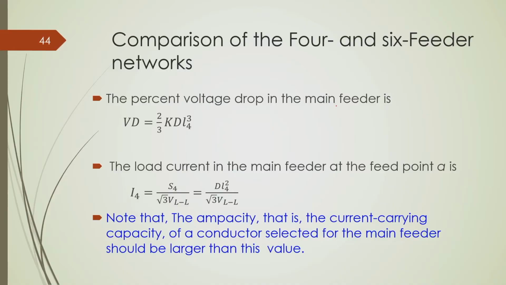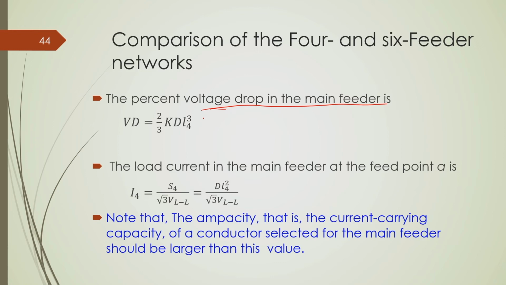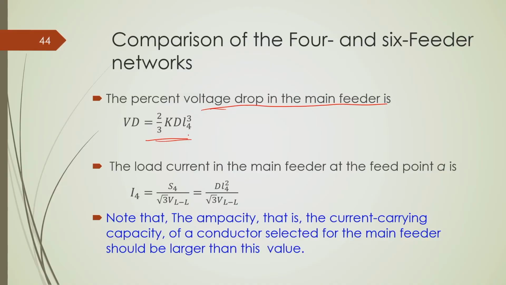Now, what would be the expression for voltage drop of the main feeder? This already we determined. If you put theta as 360 degree divided by 2 multiplied by n, then this will be tan 45 degree, and so this expression will be 2 up by 3k multiplied by d L 4 cube.